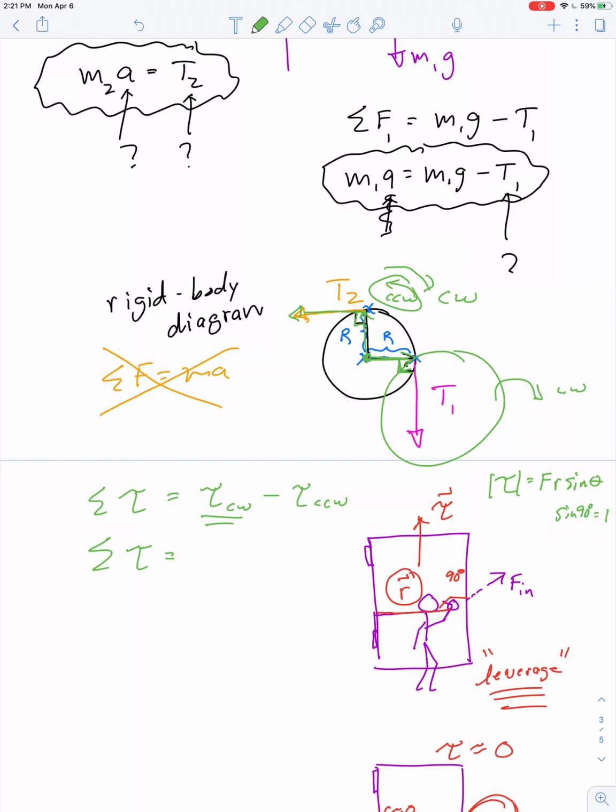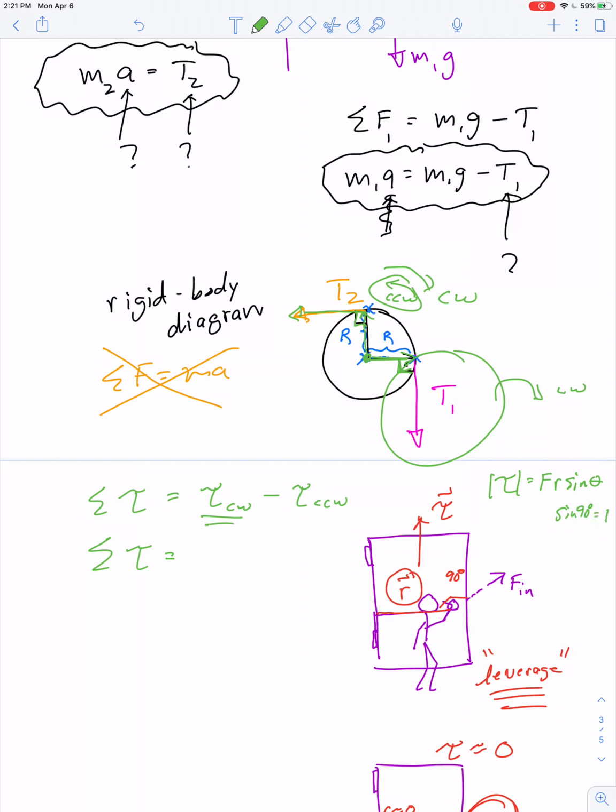So the clockwise torque is just tension number 1 multiplied by a lever arm of capital R multiplied by the sine of 90 degrees. So it's T1 times R. The torque in the counterclockwise direction is T2 times R times the sine of 90 degrees. So it's T2 times R. So here's where we invoke the rotational analog to Newton's second law.